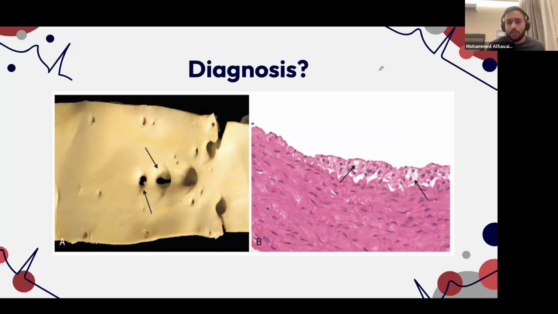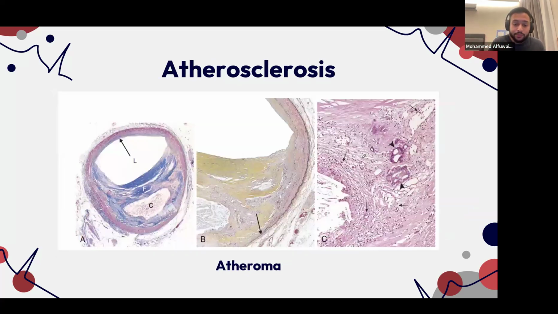This is, as I mentioned, the very earliest sign of atherosclerosis, which is a fatty streak. Okay, you see this yellow bit over here? This is what we call a fatty streak. And as I said, what is this macrophage over here? This is a foam cell, okay? Macrophages that are filled with oxidized LDL, okay? So this is the earliest manifestation that can further lead to atherosclerosis plaque development, okay?